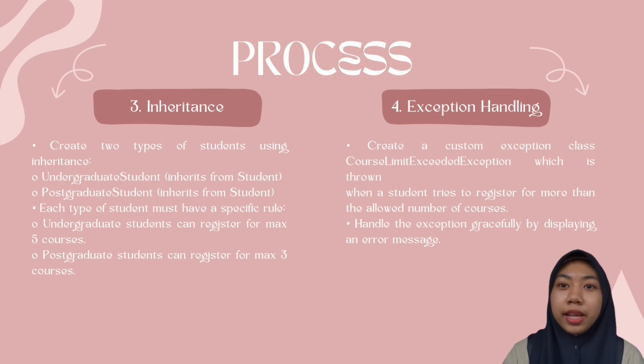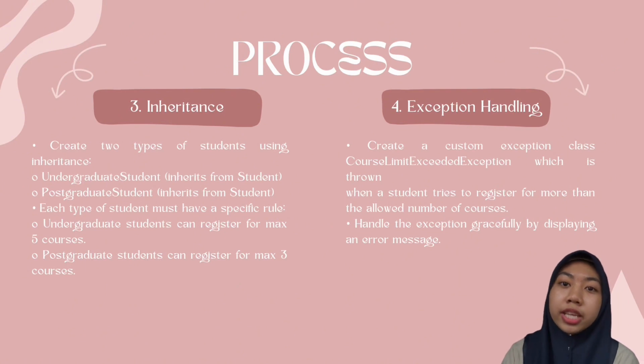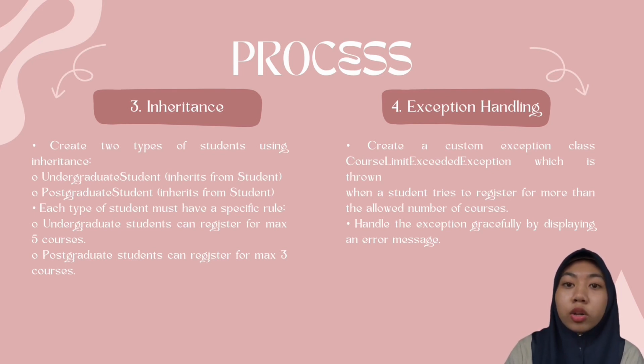Next, I will be explaining the final part of our project, exception handling and system demonstration in our program. We use exception handling to manage invalid operations gracefully. For example, if a student tries to register more courses than allowed, the system will not crash. Instead, it will show an error message like undergraduate max 5 courses or postgraduate max 3 courses.